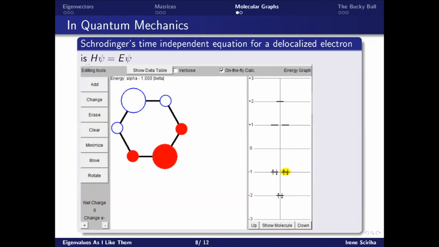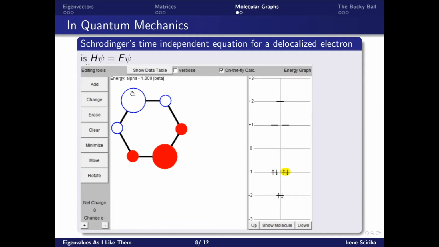Right, so let's go to quantum mechanics, which Professor Sciriha has so nicely explained. Schrodinger's time-independent equation for a delocalized electron in a molecule, what do we mean?